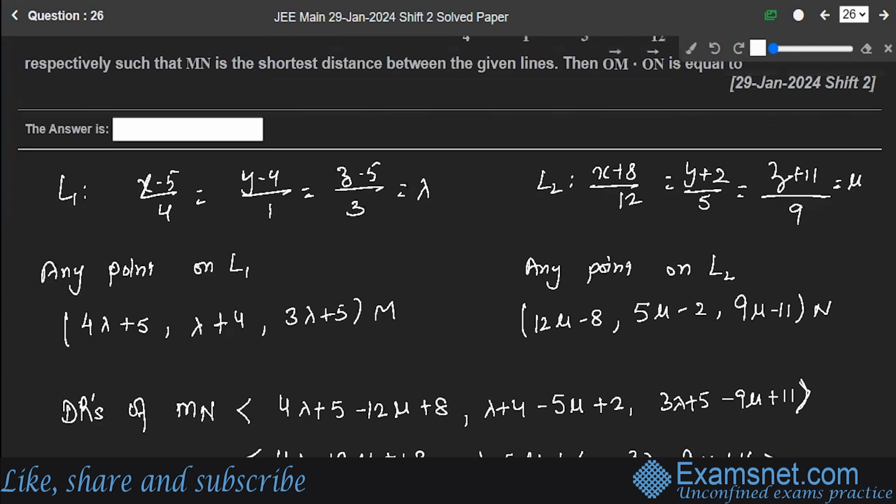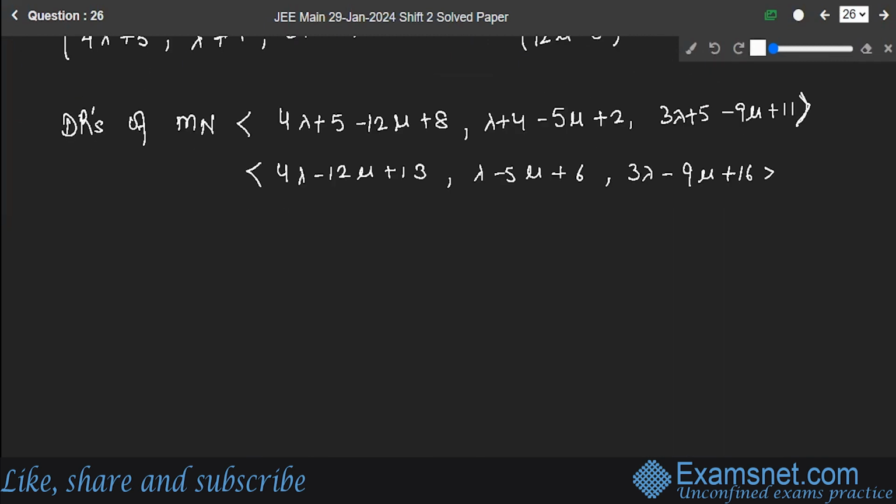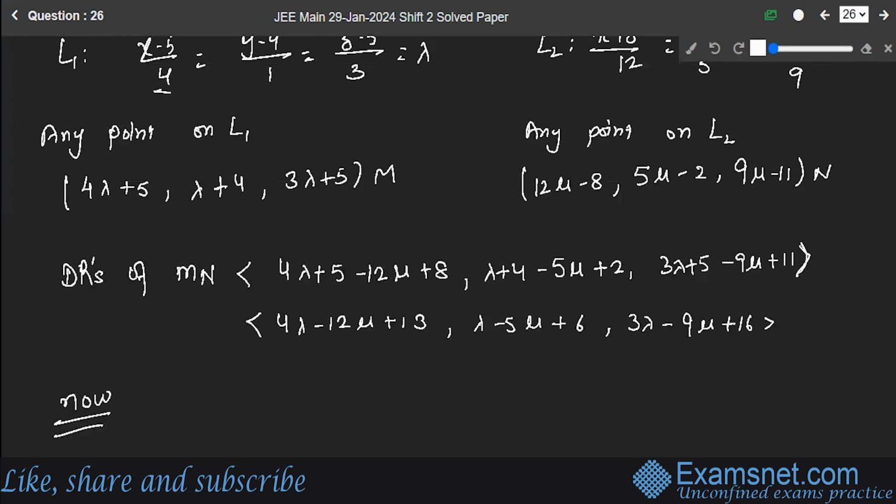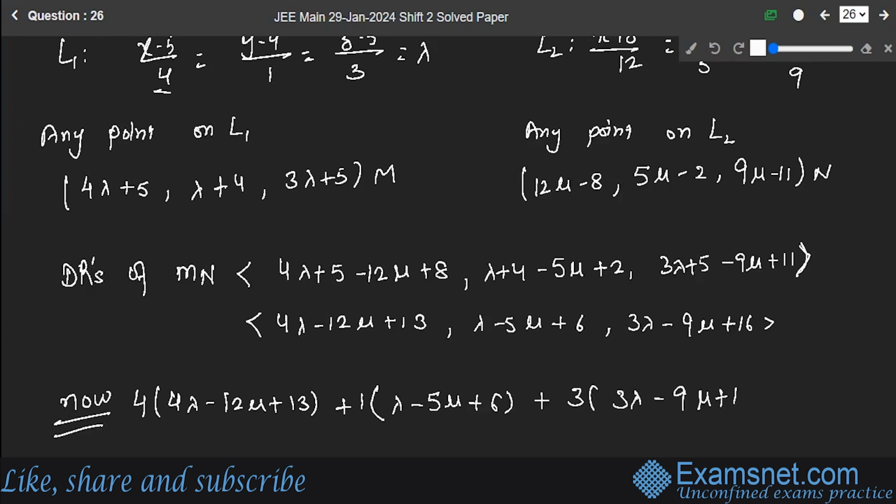Now, according to the line 1, 4 into 4 lambda minus 12 mu plus 13 plus 1 into lambda minus 5 mu plus 6 plus 3 into 3 lambda minus 9 mu plus 16 is equal to 0.